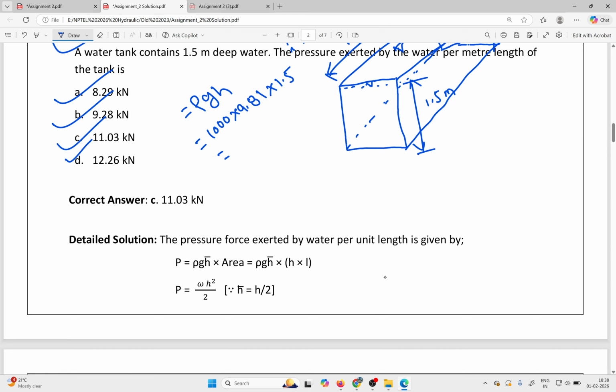So the pressure force is definitely this equation: pressure rho g h bar into area. The area is h into L, and L here is given as 1. So rho g, area is h into L, so you have h square, and h bar is h by 2. So h square by 2.